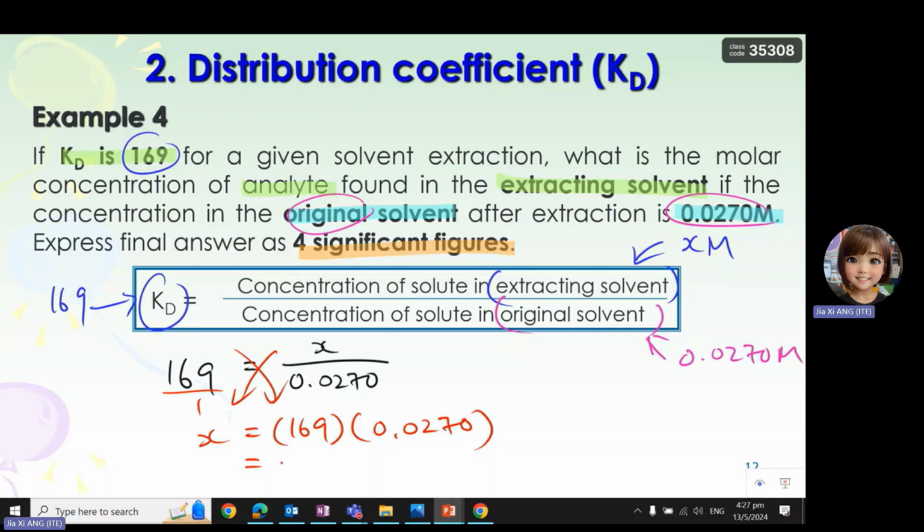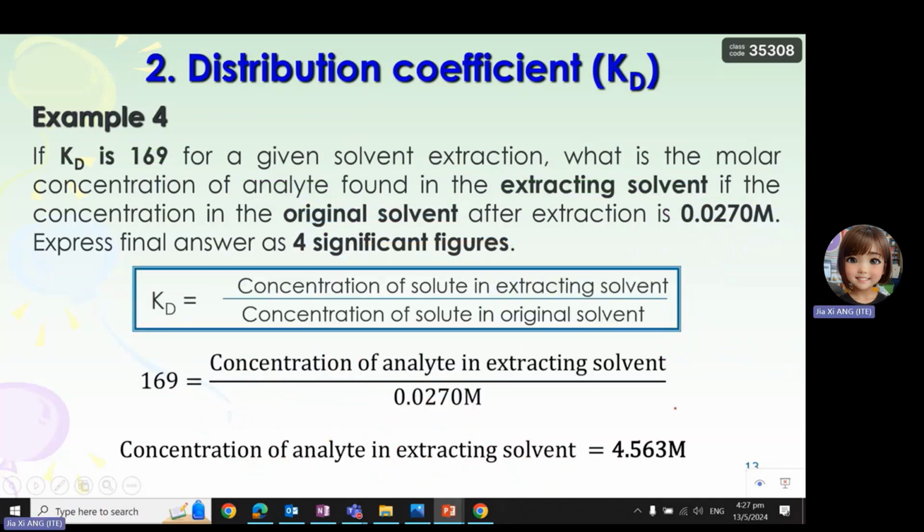Key the values in your calculator. Your answer should be 4.563 molar in 4 significant figures. You can double check your answer with the MyConnection answer. And don't forget your unit in molarity.